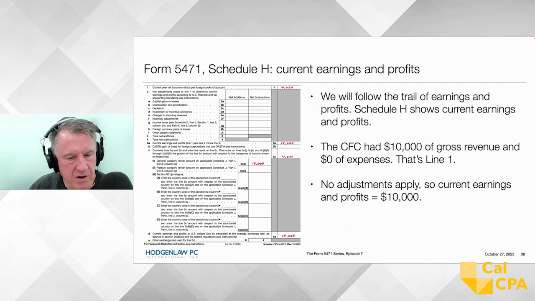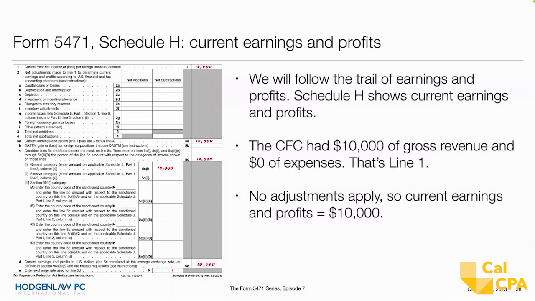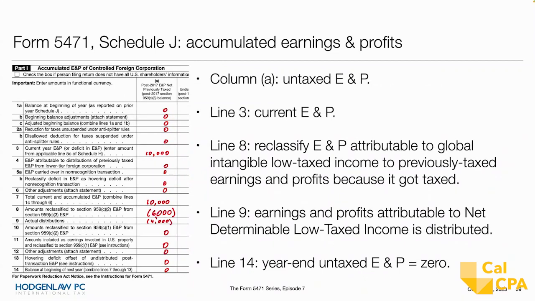I'm adding all of the forms in sequence just for drill. So we've got $10,000 of current income, blah, blah, blah, ends up with $10,000 of current E&P. No magic. You take your current E&P to one of these schedules, and more and more we're getting these schedules that are like a giant spreadsheet on two pieces of paper, and what a pain in the ass they are.